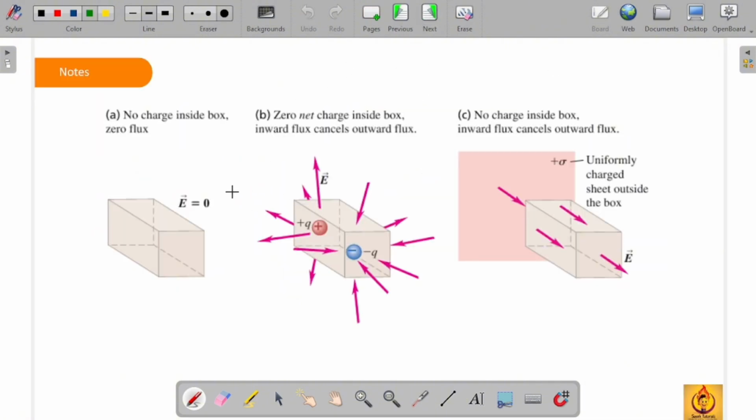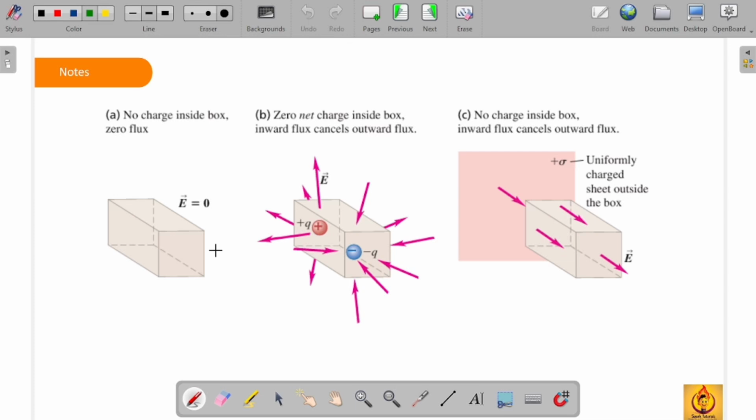We also have to know conditions on which there is no flux. Whenever there's no flux, there's no electric field. So if there's no flux, that means there's no charge inside. But in other cases, there are charges inside, but the charges are equal in magnitude but opposite in sign.